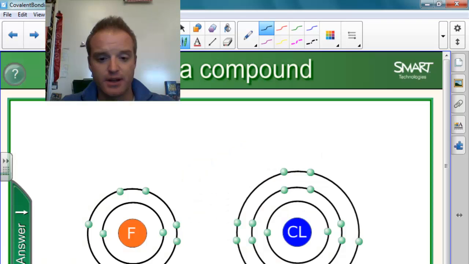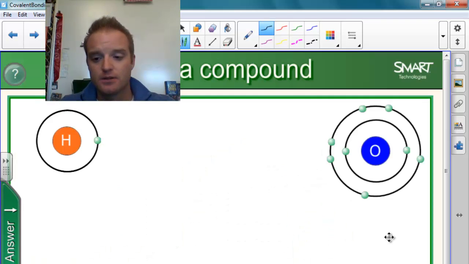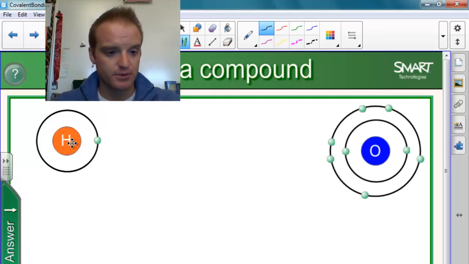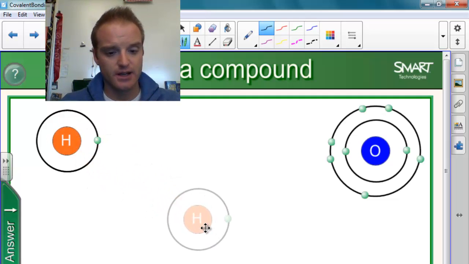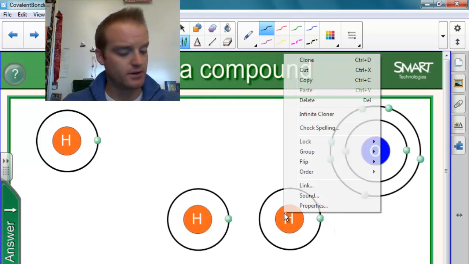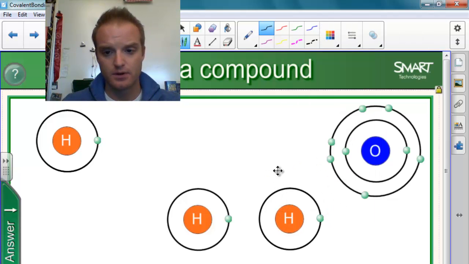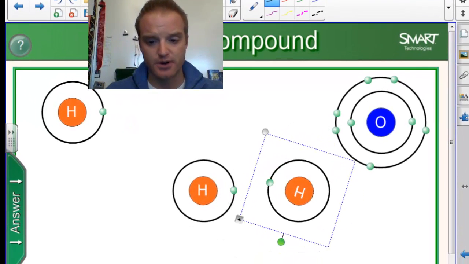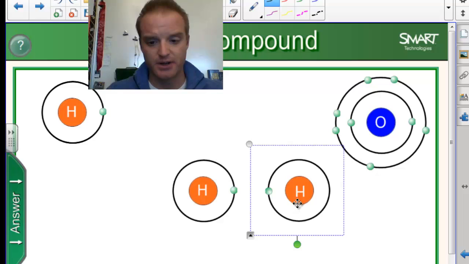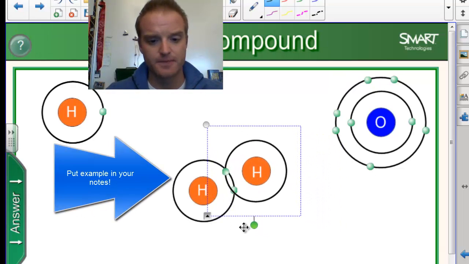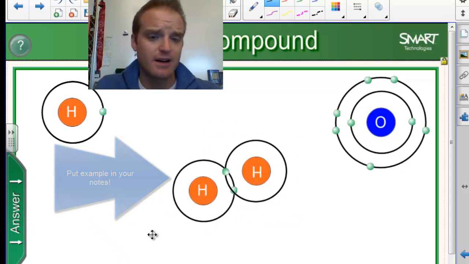And so what happens is, let's jump ahead here. Atoms are going to be sharing electrons. So, for example, I can take hydrogen as my first example. I'll rotate hydrogen around so it's upside down. And this is typically how hydrogen appears in nature too.